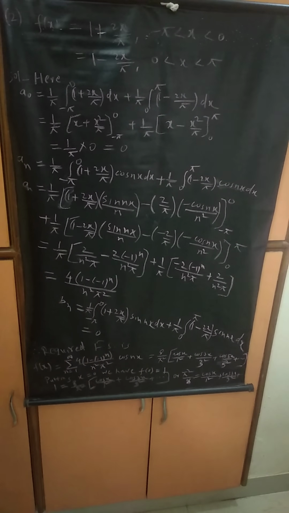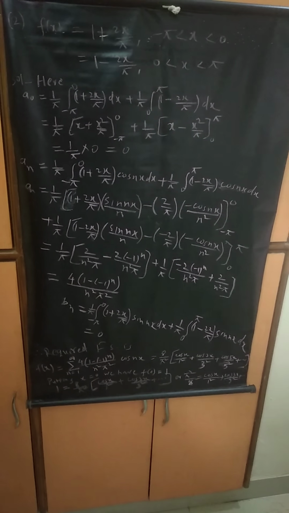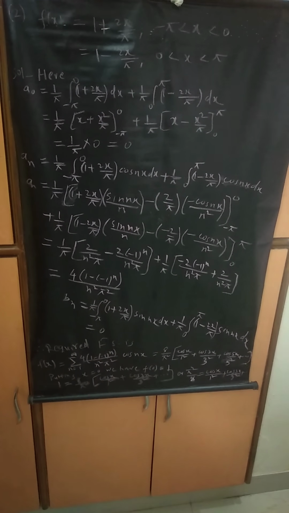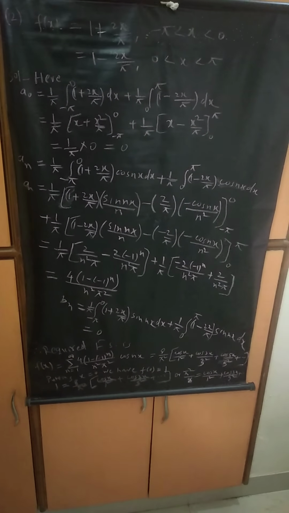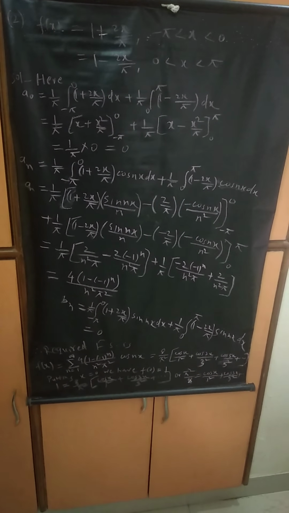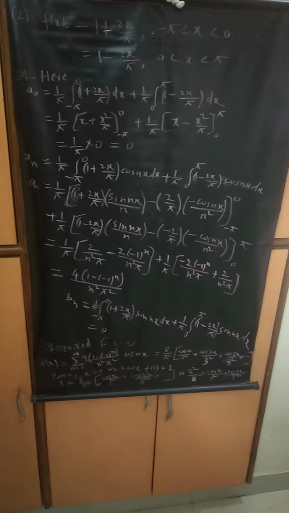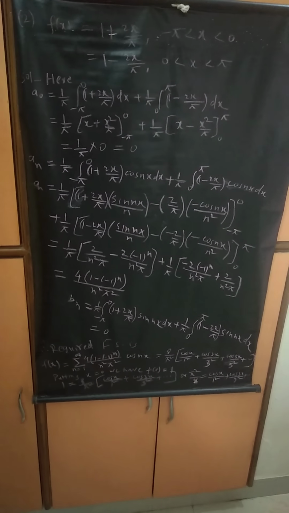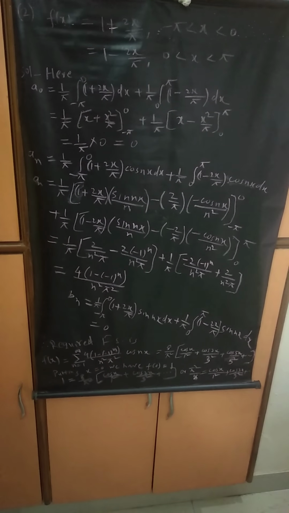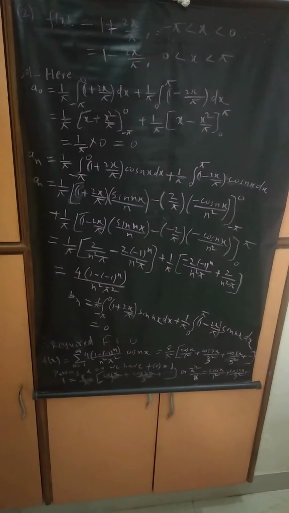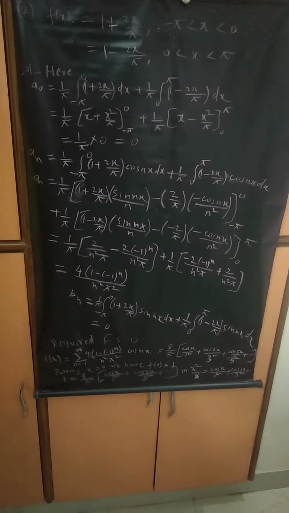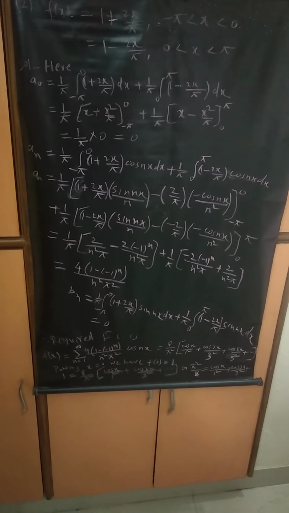And therefore, we write a naught equal to 1 upon pi integral minus pi to 0 of 1 plus 2x by pi dx, because in minus pi to 0 the function is defined as 1 plus 2x by pi, plus 1 upon pi integral 0 to pi of 1 minus 2x by pi dx, because in the interval 0 to pi the function is defined as 1 minus 2x by pi.